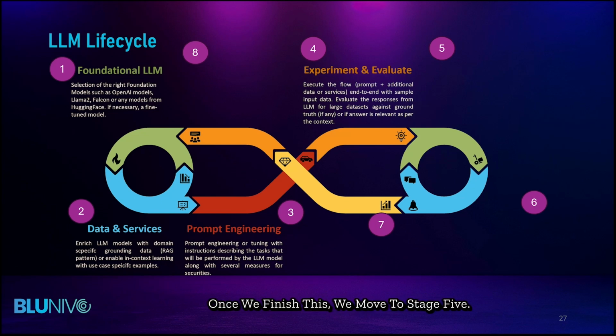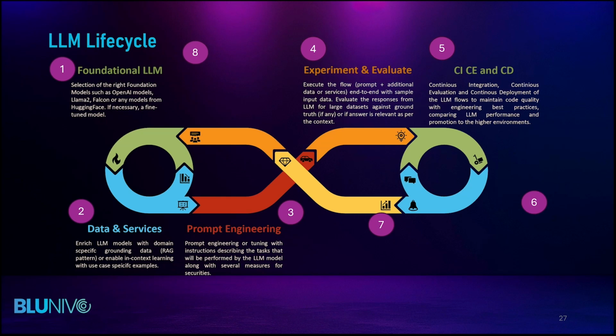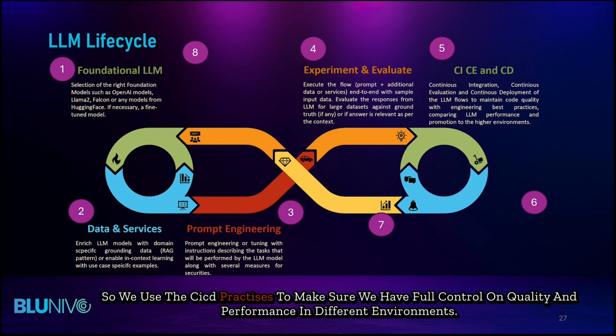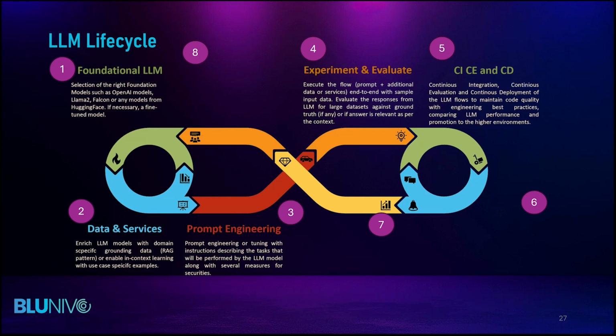Once we finish this, we move to stage 5. And like any other solution development, the lifecycle also includes continuous integration and deployment, or CI/CD, as you know. So we use the CI/CD practices to make sure we have full control on quality and performance in different environments.